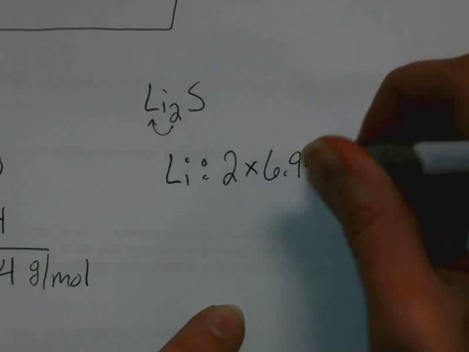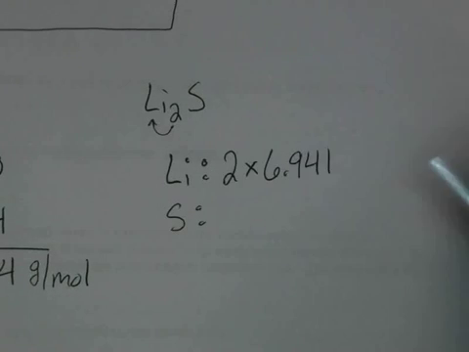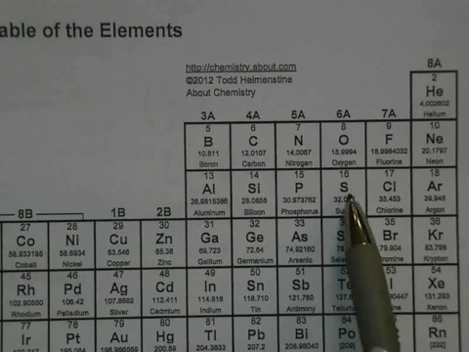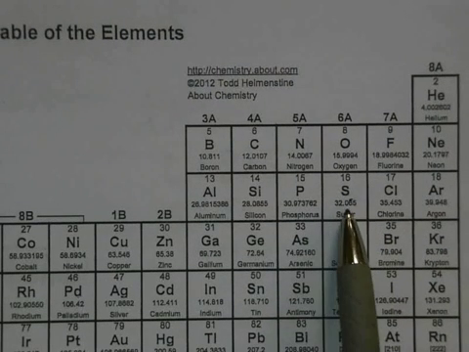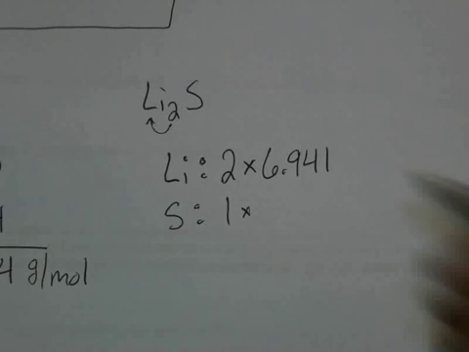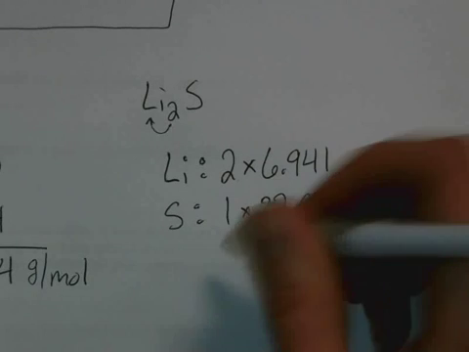So 2 times my 6.941. My sulfur, well, I don't have any subscripts to the right corner of my sulfur, so it's assumed I have 1 sulfur. Sulfur, find it on the periodic table over here, element 16, has a mass of 32.065, and I just put a pen dot on there, my apologies. So 32.065.